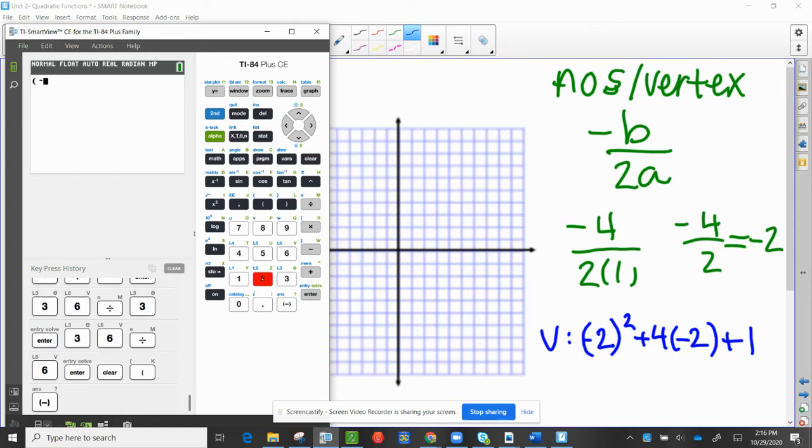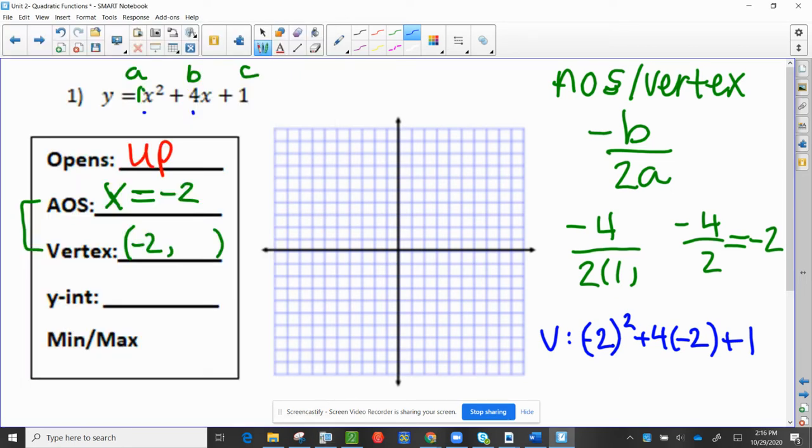I would just type it in exactly as I wrote it: negative 2 squared plus 4 times negative 2 plus 1. A calculator makes your life a lot easier since it does all the order of operations for you. And that spits out our y value at negative 3. So that's the y value of our vertex.